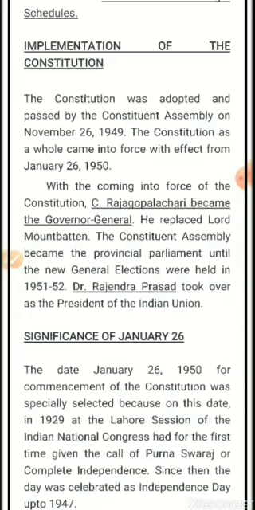He replaced Lord Mountbatten. The Constituent Assembly became the provisional parliament until the new general election were held in 1951-52. Dr. Rajendra Prasad took over as the first president of the Indian Union.